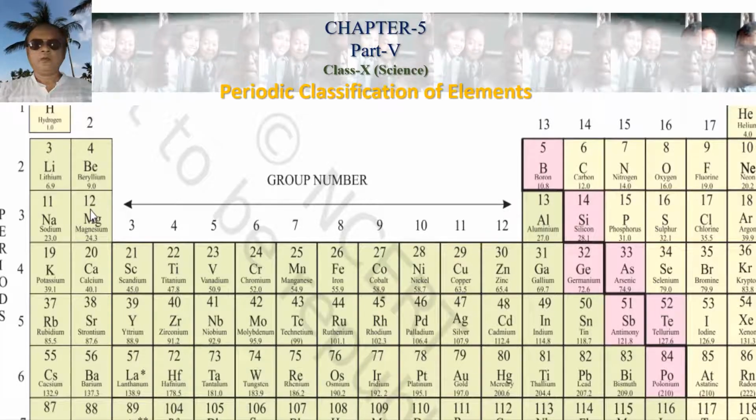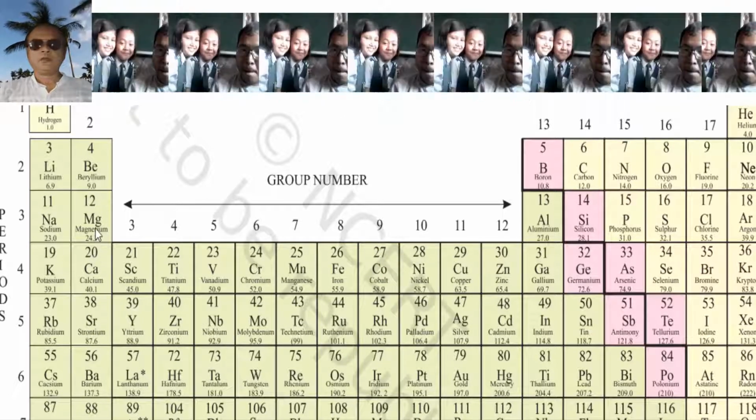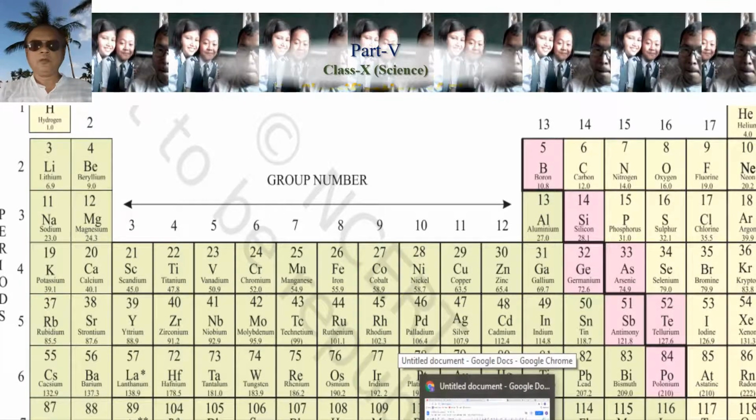Below magnesium, there are calcium and strontium. They show similar properties to magnesium because all are in the same group, hence their valence is also the same.